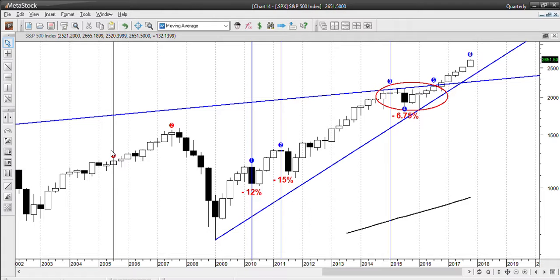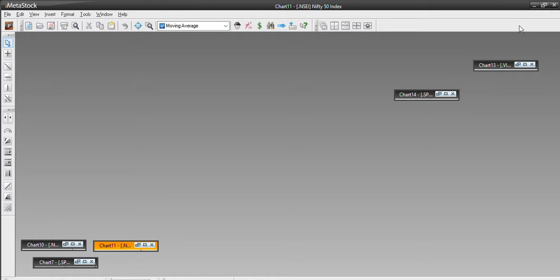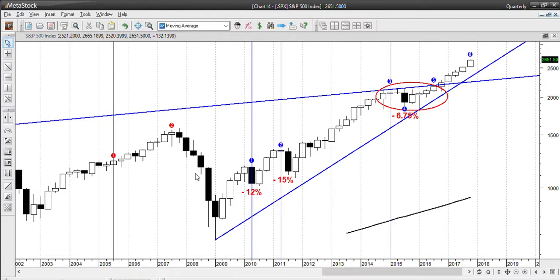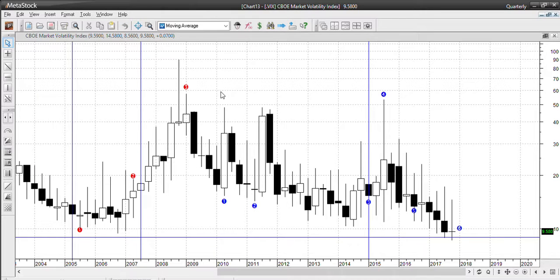Between 2005 and this top at 2, the October ending quarter 2007, VIX went up from this low to this high. After that, in the major drop from 2 to this low of 666.79 in March 2009, VIX also spiked up.